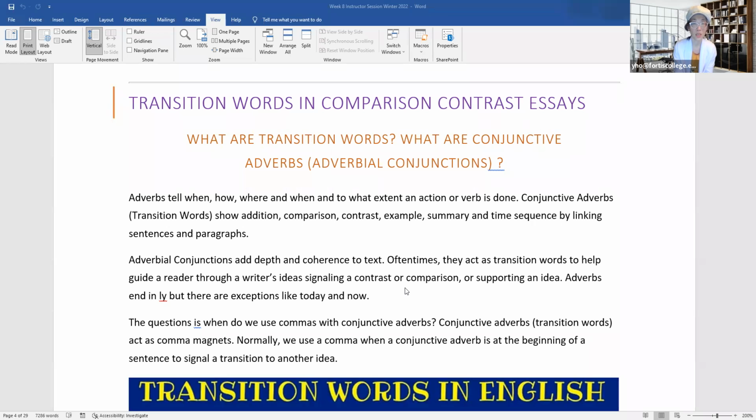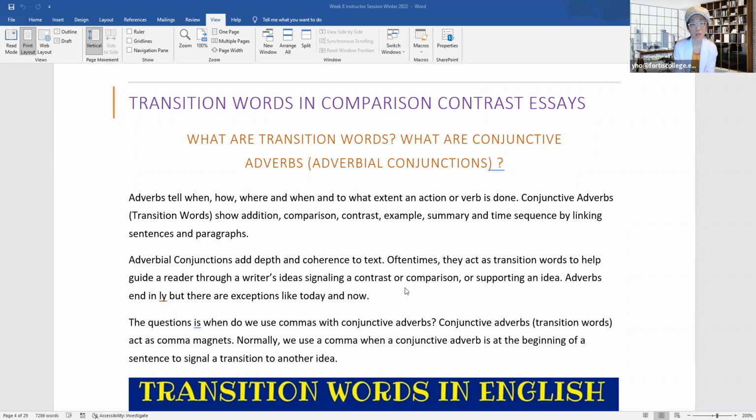Different grammar books all have different names for the same thing. Transition words show addition, comparison, contrast, example, summary, and time sequence by linking sentences and paragraphs together. Adverbial conjunctions, which is the same thing as transition words, add depth and coherence to text.